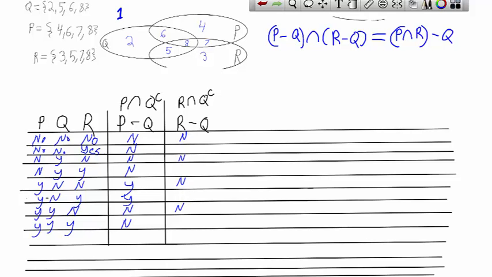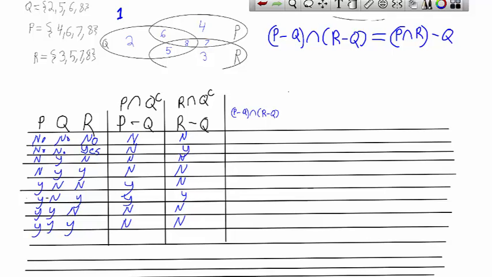And everywhere there's a yes for R, we need to look at Q. In this case, on row number 2, we see that it is not in Q, so that's a yes. Here we see it is in Q, so that's a no. Here it is not in Q, so that's a yes. And then here it is in Q, so that is a no.